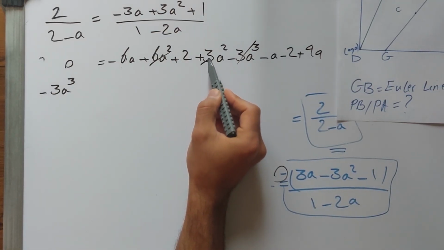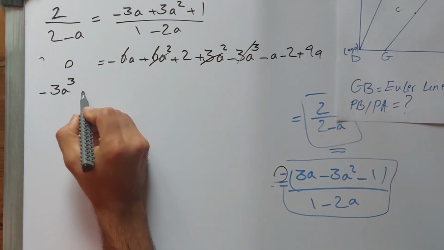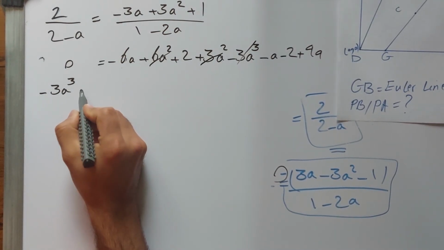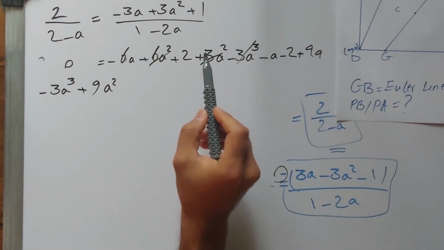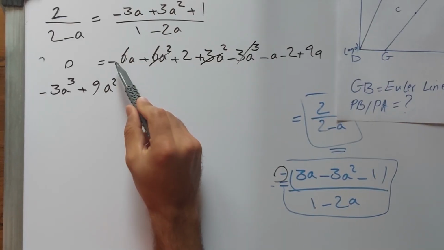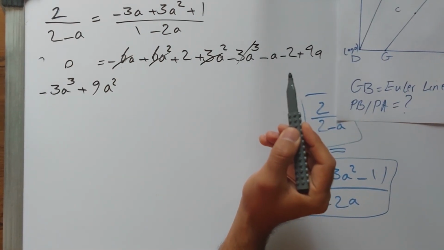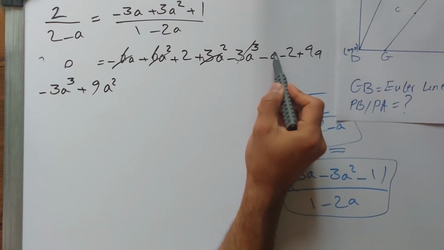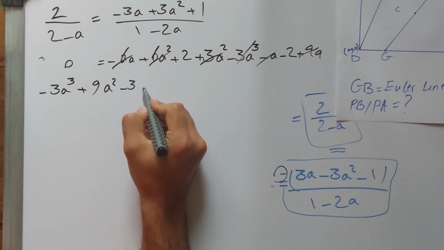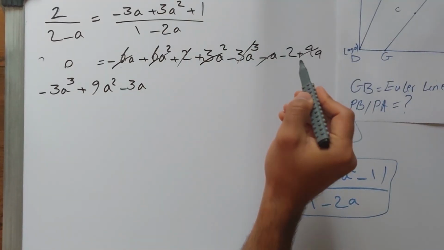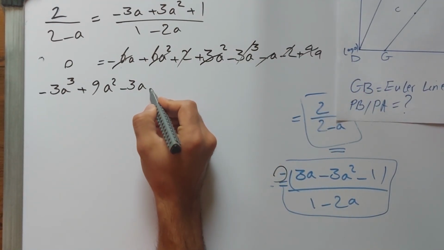So 6a squared plus 3a squared, that's 9a squared. Yes, so plus 9a squared. Then the next term is just a, the first degree. So minus 6a, minus 8, minus 7a, and plus 4a, minus 3a. And then we have 2, minus 2, which is just 0.